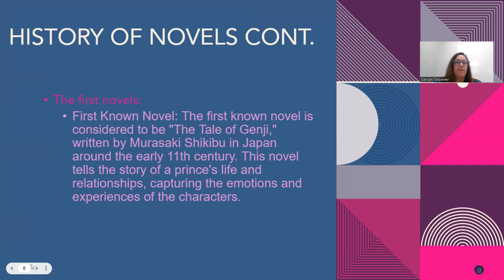I should have looked it up, but I forgot. Okay. And again, I'm going to say the author's name wrong, but it was written by Murasaki Shikibu in Japan around the early 11th century. This novel tells the story of a prince's life and his relationships, and it captures the emotions and experiences of the characters.